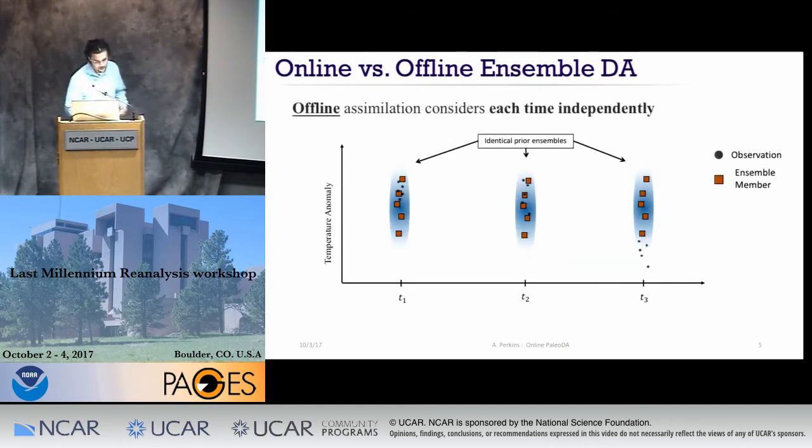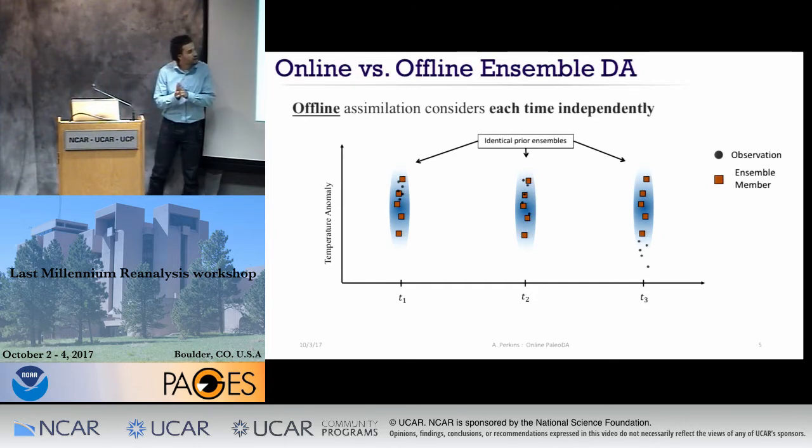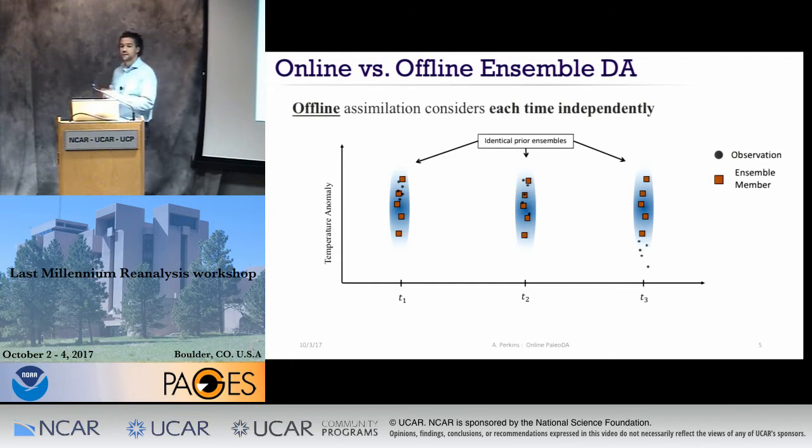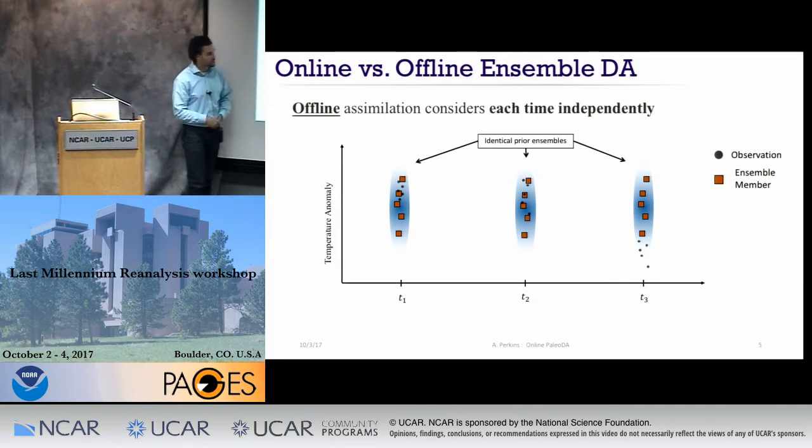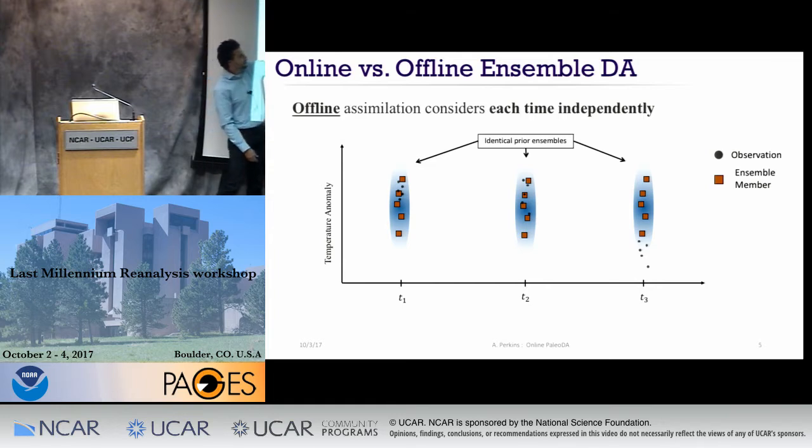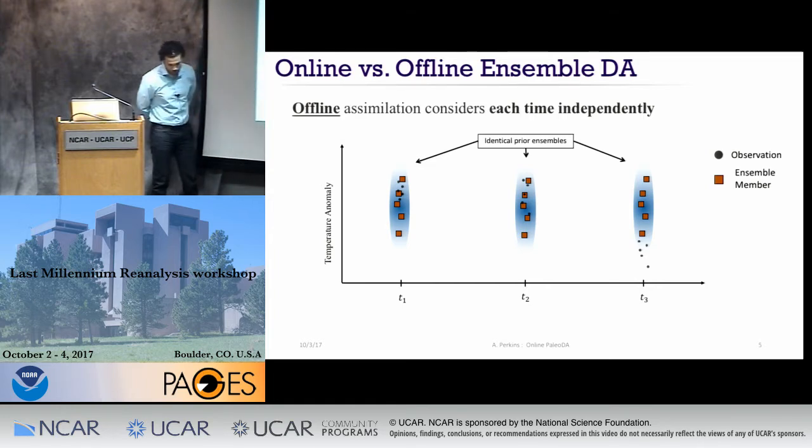So in the LMR version 1 results, we're using offline assimilation, where the assumption is that there's no effect from the previous times on any following time. So we consider each time independently. So in this schematic, you have maybe some ensemble estimating your temperatures.